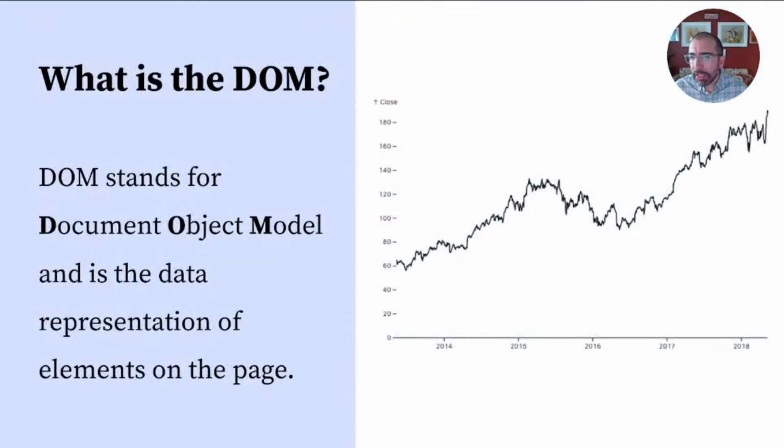I like to, for this, look at a visualization and talk a little bit about how it's structured in terms of the SVG in this sort of DOM model. So DOM stands for the Document Object Model. We talked about this a little bit before, and it's the data representation of elements on the page. So let's look at this line chart here. If we looked at the DOM structure of this line chart, it would look something like this.